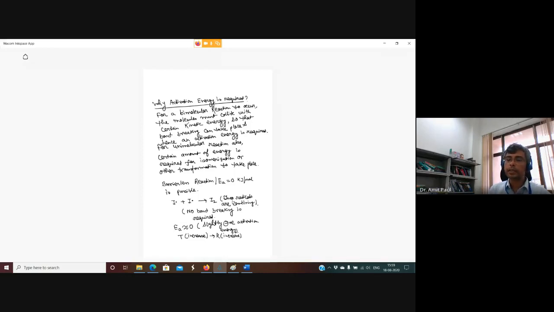In the next class, we will discuss the Lindemann hypothesis, which is about the unimolecular reaction. Whenever we talk about this kinetics, we understand that two molecules collide, and we can have transition state theory or collision theory.